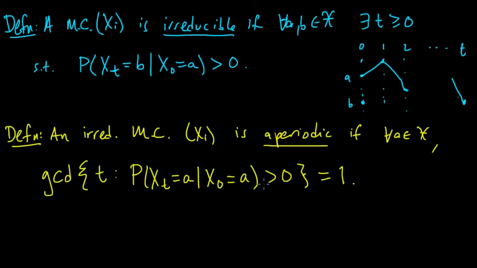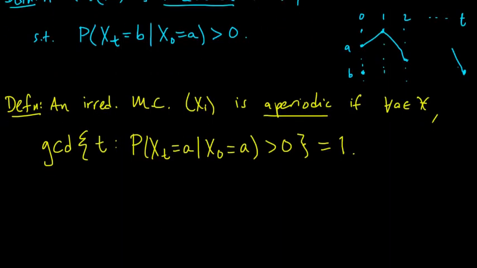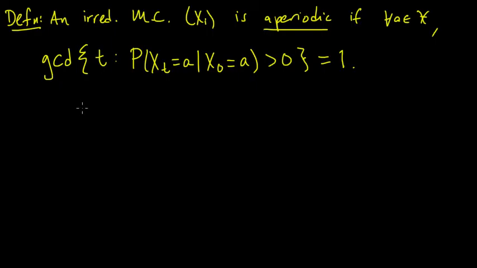Let's think about what this means. So let's define this set of times here to be, let's call it RA. It depends on the state A. These are all the times where, starting out at A, we can get to A again with some positive probability.